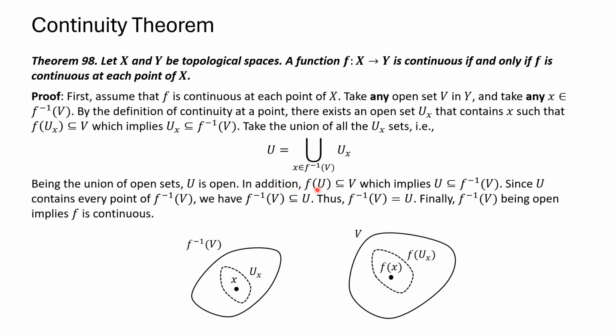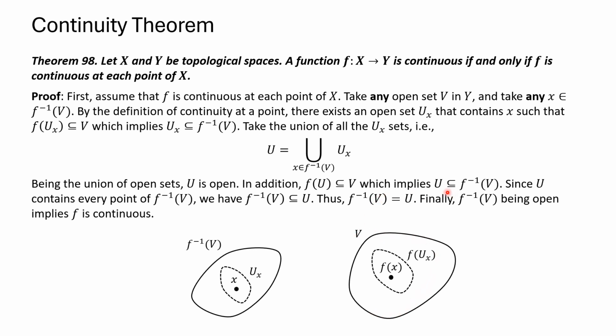In addition, f evaluated at U is a subset of V, and that's because if we take f evaluated at U, then distribute that over all these unions, each one of these is in V, so the union of them all is in V. So f evaluated at U is inside of V. I didn't draw it, but it would be just inside of this V here.